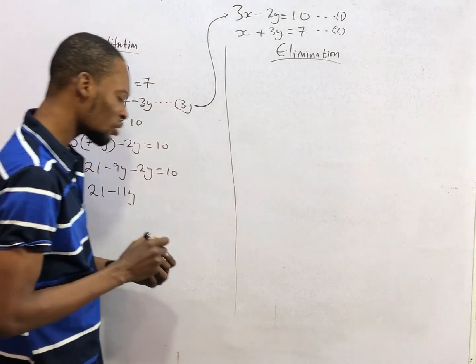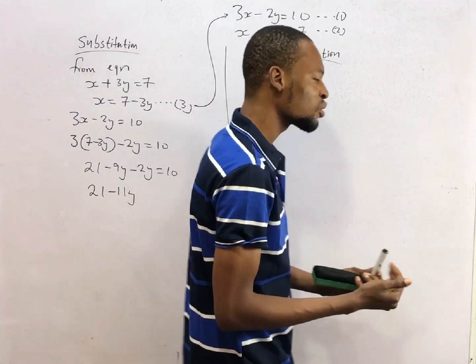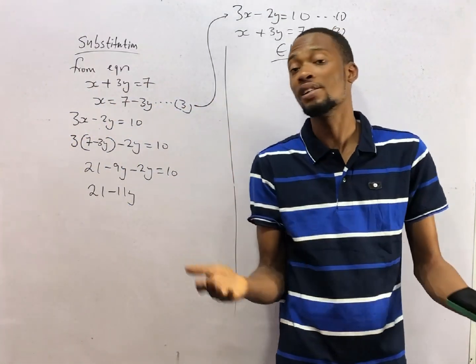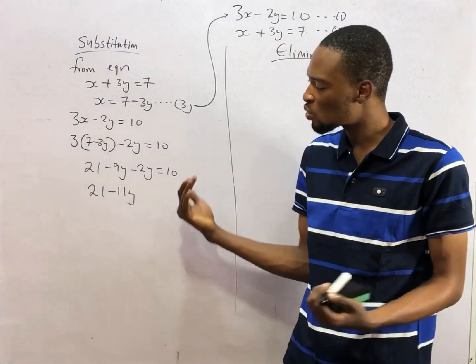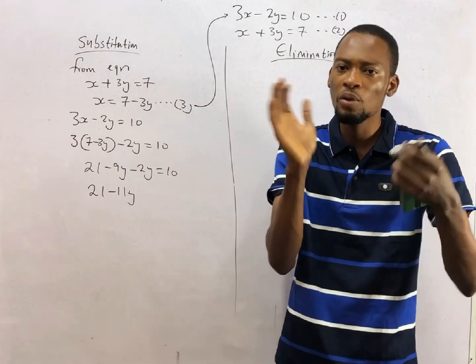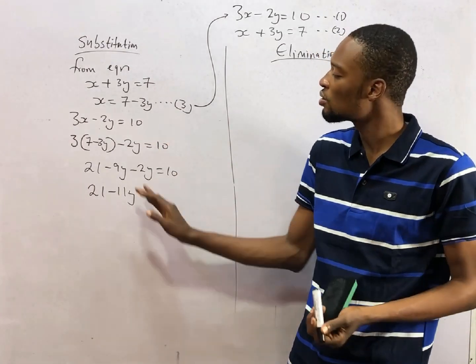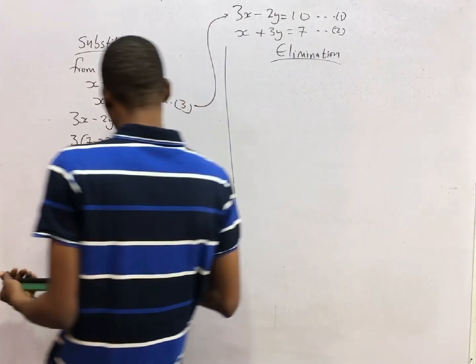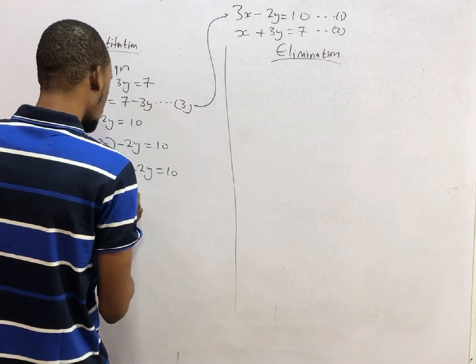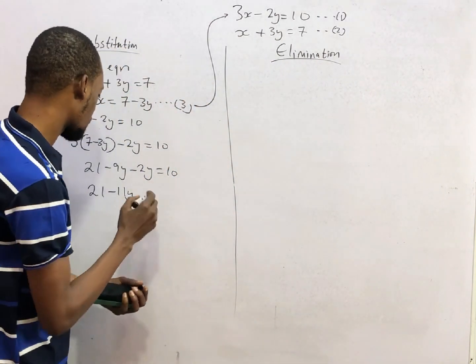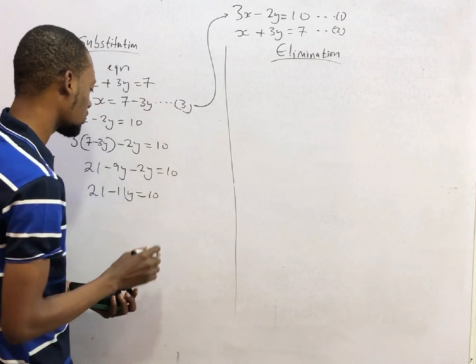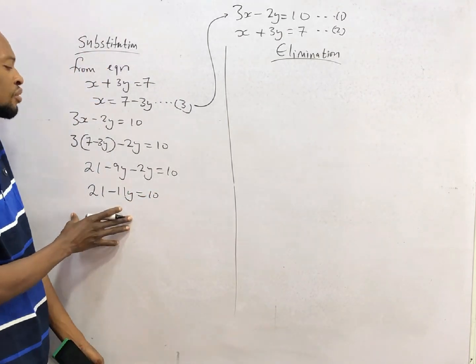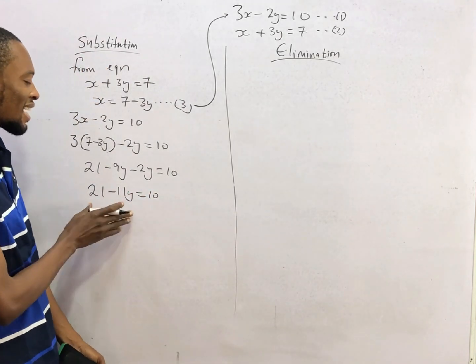Minus 9y means you are owing 9y. Minus 2y means since you love owing, you went ahead to borrow another 2y. Owing, borrow equals borrow. So minus 9y minus 2y is minus 11y. You are still owing. This equals 10.